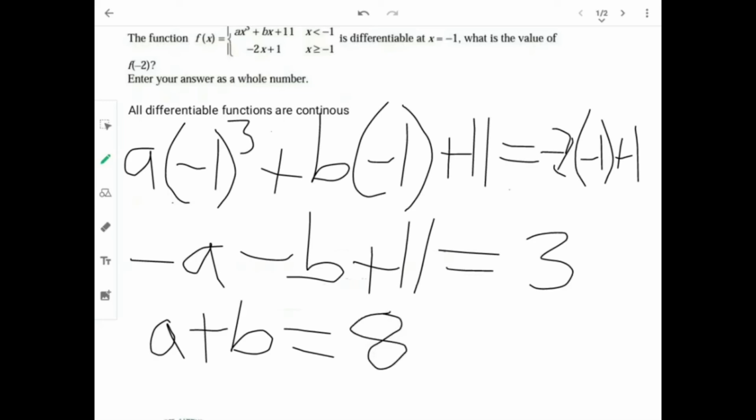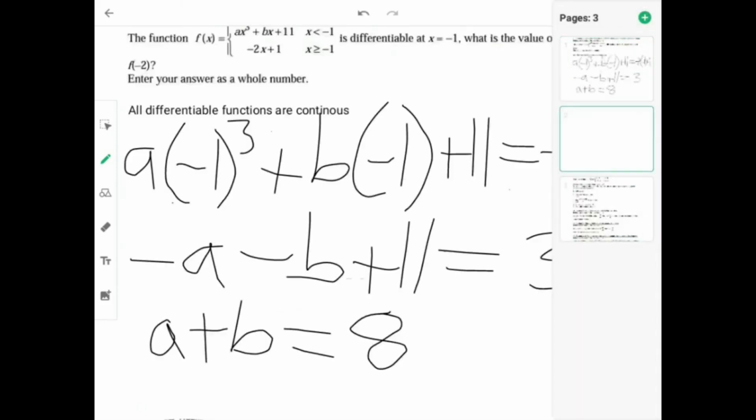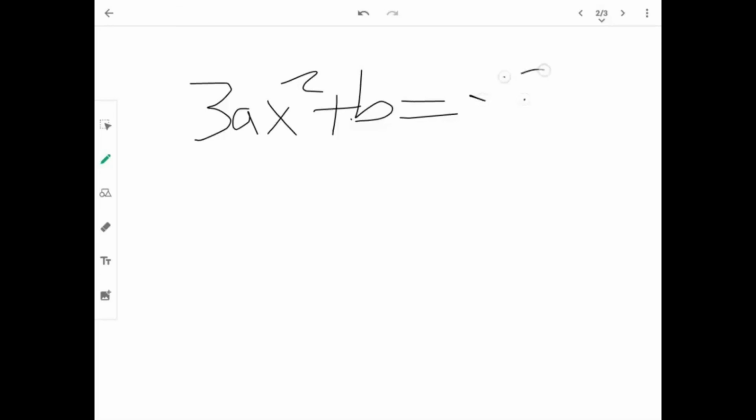Then we have to equate the derivatives. So the derivative is 3a x squared plus b is equal to the right derivative, minus 2.